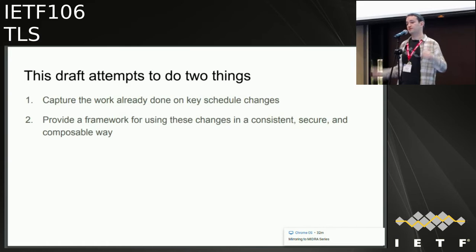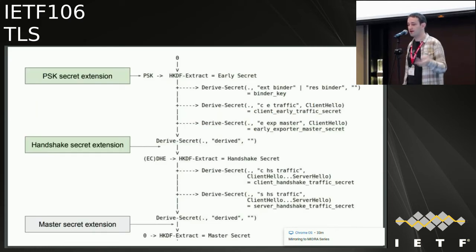So this draft attempts to do two things: capture all of the work already done with key schedule changes, and provide a framework that lets us use all of these key schedule changes in a consistent, secure, and, most importantly, composable way. So this is the TLS key schedule, truncated at master secret. And we're proposing to inject at 2 and perhaps 3 points.